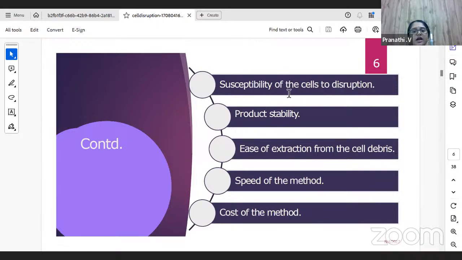Then you're also going to see the susceptibility of the cells to the disruption. How good are they, or how well are you going to disrupt the cells? Is the product going to be stable? How easy is it for us to extract the product from the cell debris? How fast is the method and how cost effective is it?